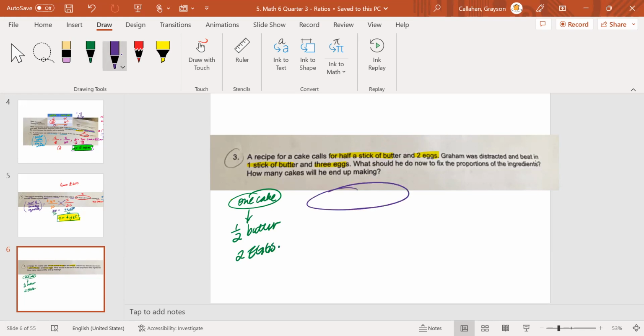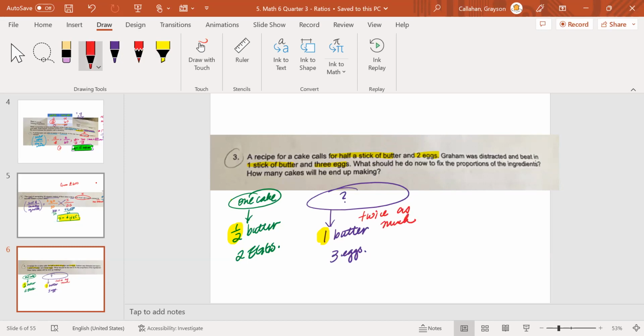Well, when you're making your cake, we don't know how much of a cake it is, Greg put 1 stick of butter and 3 eggs, right? Well, how much more butter did he put from 1/2? Yeah, so this is twice as much butter, right?